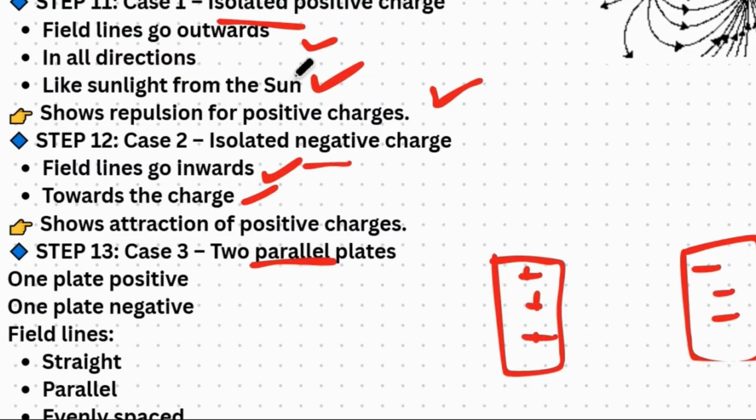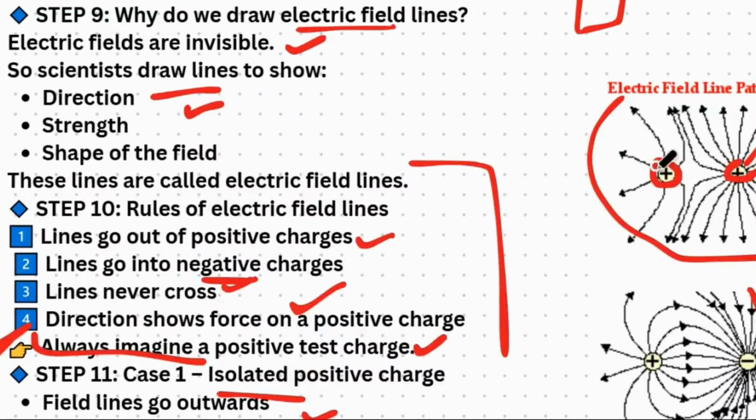Let's move toward what students learn from this case. From an isolated positive charge, they learn that the electric field spreads in all directions like this. The field lines go outward because it's positive, and the strength is strongest near the charge and weakens with distance.